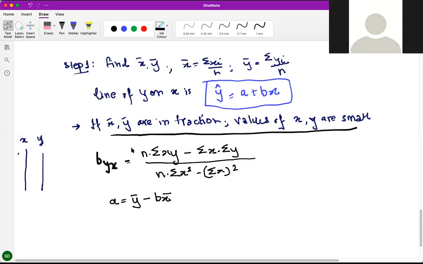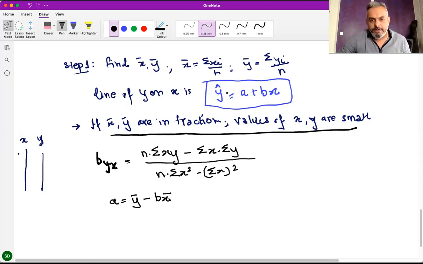Now, the regression equation is y cap is equal to a plus bx, where a and b are constants. So we have to find the value of b and the value of a.